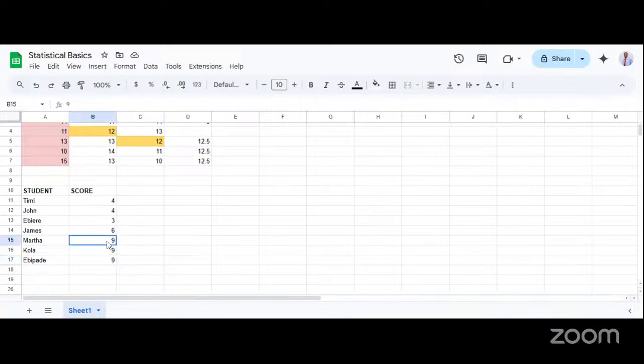Meaning that if three people can score 9, and we were to increase the number of students, maybe more students join them, the likelihood of other students scoring 9 too is as high as this particular likelihood in this particular context. So that's basically what mode is.